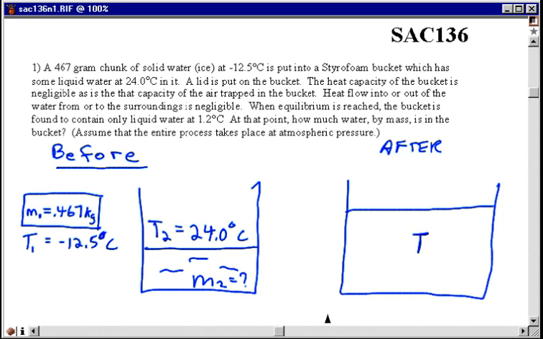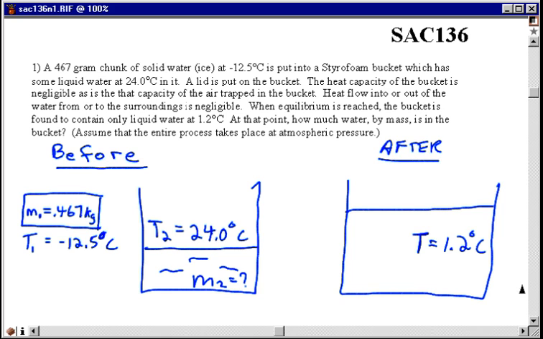But both samples of water do come to that same temperature, and we do know what the final temperature is. It's 1.2 degrees above 0 Celsius.